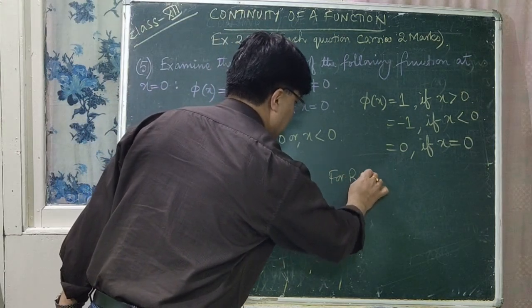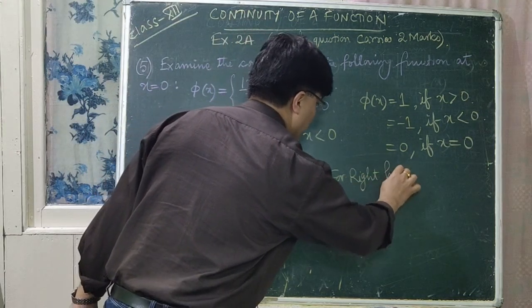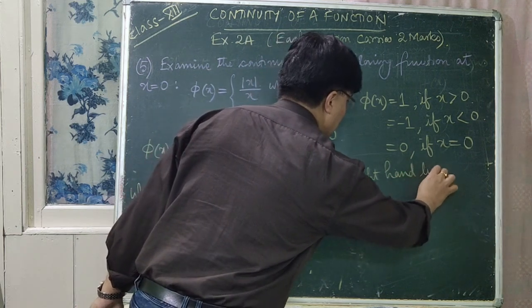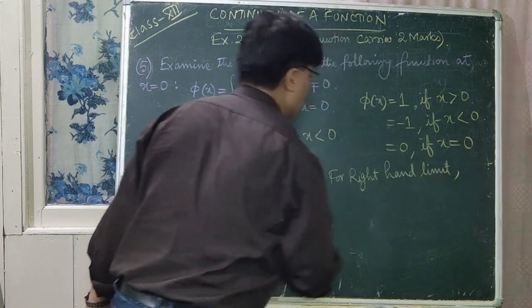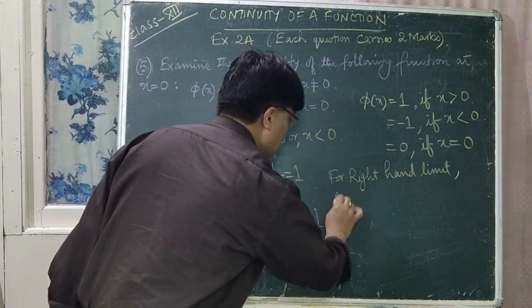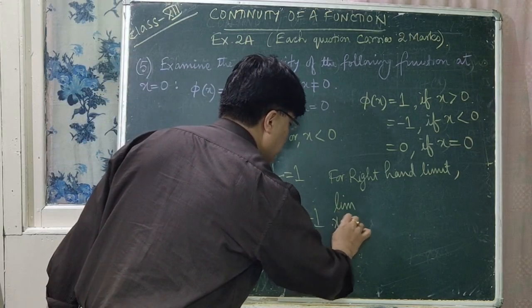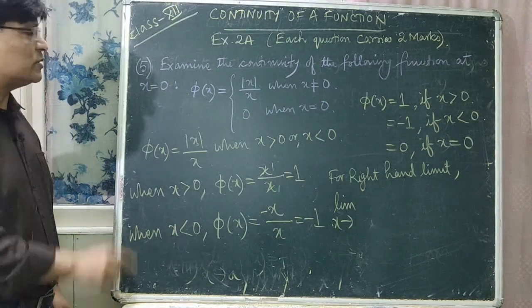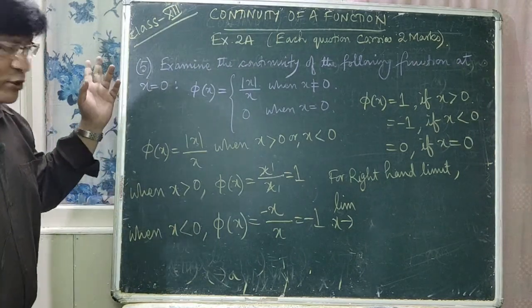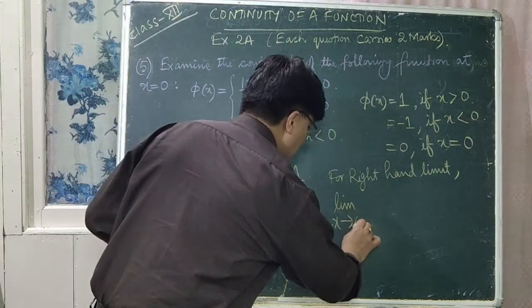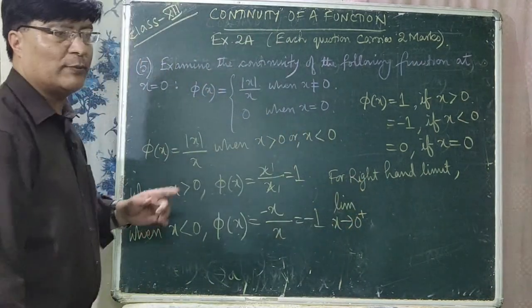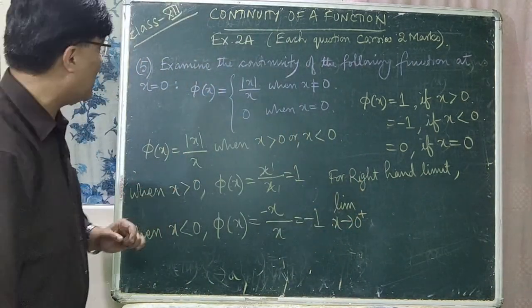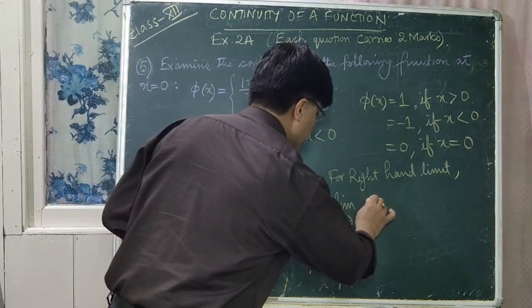So for the right hand limit, what can you write for the right hand limit? Limit x tends to... at what point are you checking the continuity of the function? At x is equal to 0. So the right hand limit at x is equal to 0 will be limit x tends to 0 plus phi of x.